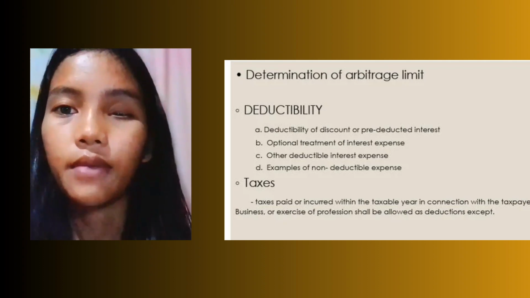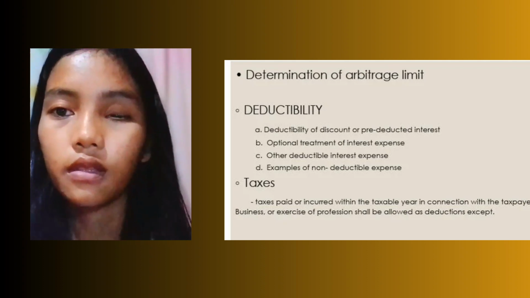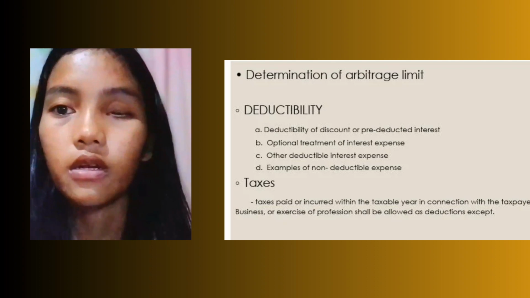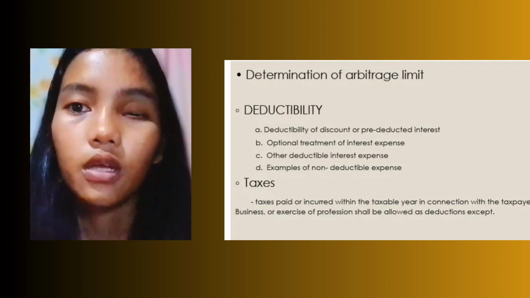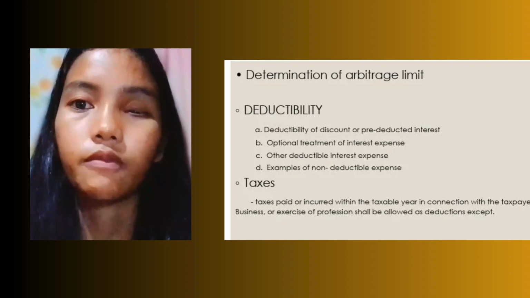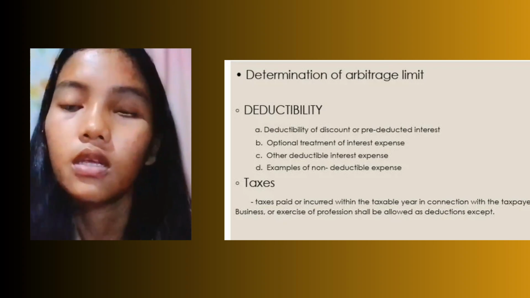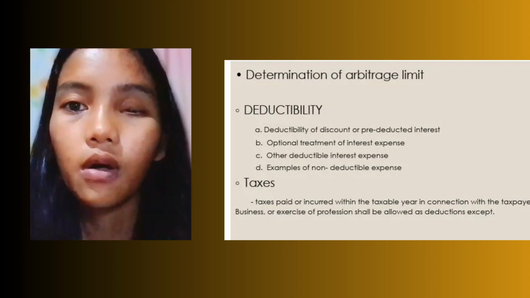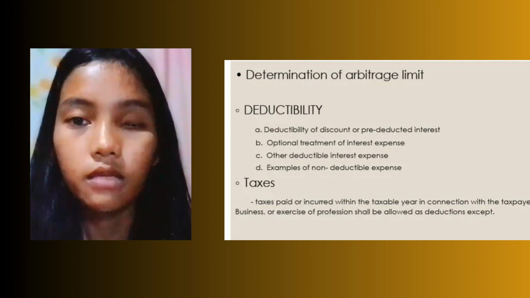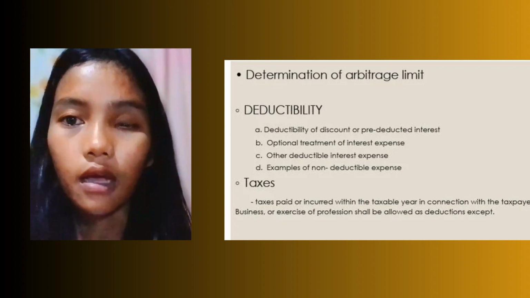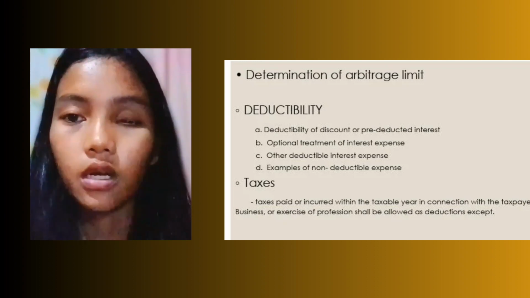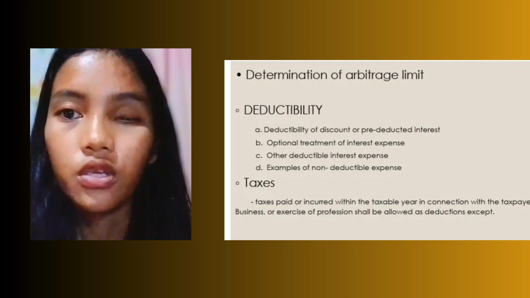It refers to the ability to subtract certain expenses or losses from taxable income, resulting in a reduction of the amount of income subject to taxation. In other words, deductible expenses are those that can be subtracted from your income, lowering your taxable income and potentially reducing the amount of tax you owe.